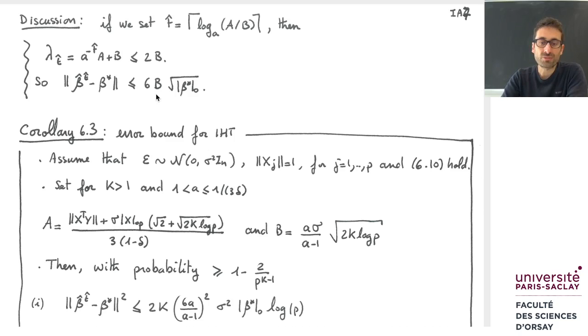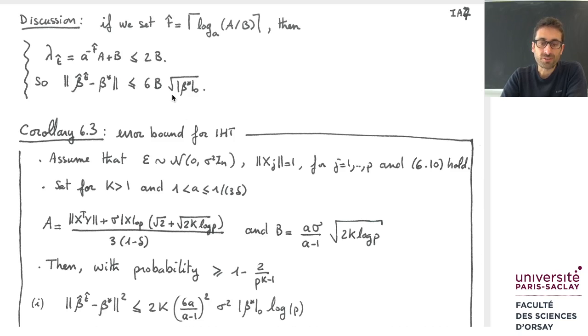So you can stop the algorithm quite early by choosing t hat which fulfills this inequality. If you want to fulfill this inequality, you have to choose t hat in this way: the smallest integer larger than the logarithm of capital A over capital B, where the logarithm is in base small a.